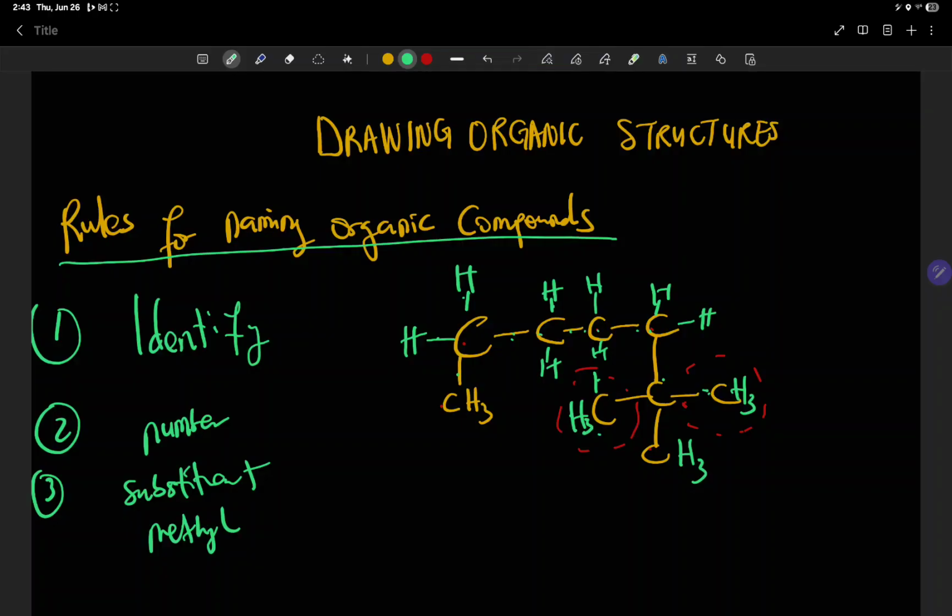So what is the name of this compound? We are going to come to that. So let us count the number of carbons. 1, 2, 3, 4, 5, 6, 7, right? Obviously you have to number your carbons. Let's say we are counting this way, this is carbon number 6, but counting this way, this will be carbon number 2.